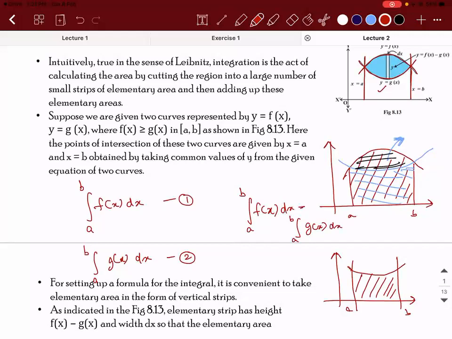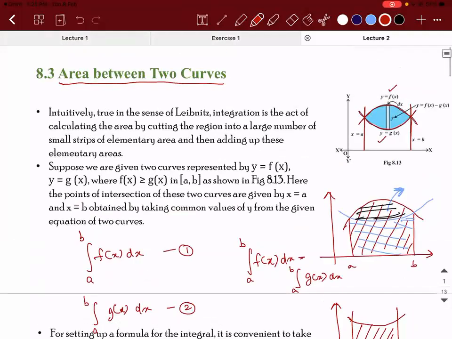To put it in very simple terms, whenever you need to find the area between two curves, integral of the limits, upper curve minus the lower curve, that will give you the answer. But sometimes you need to have clarity to draw the graph to find out which is the upper curve and which is the lower curve, and then you need to solve.